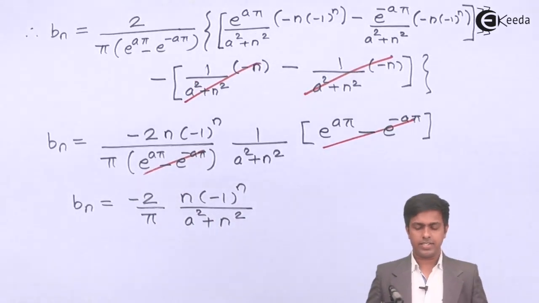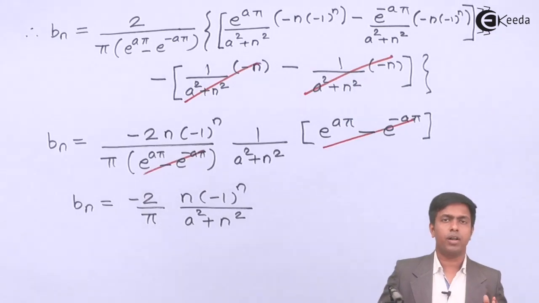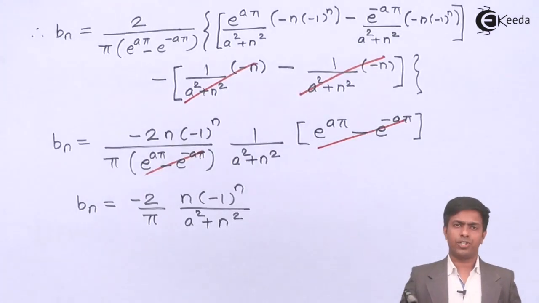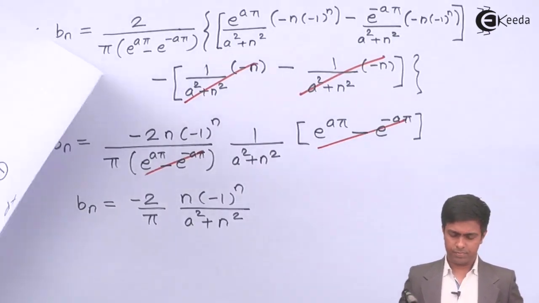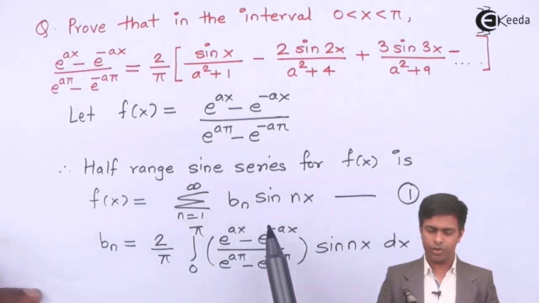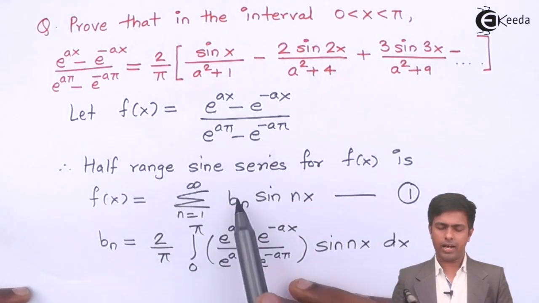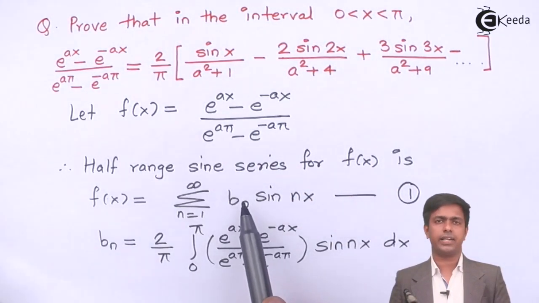And guys, this is the value of bn which we are going to substitute in equation number 1. What is equation number 1? Here f of x is equal to this. So the value of f of x is this. I'll put this value here, and I'll put the value of bn on the right hand side.